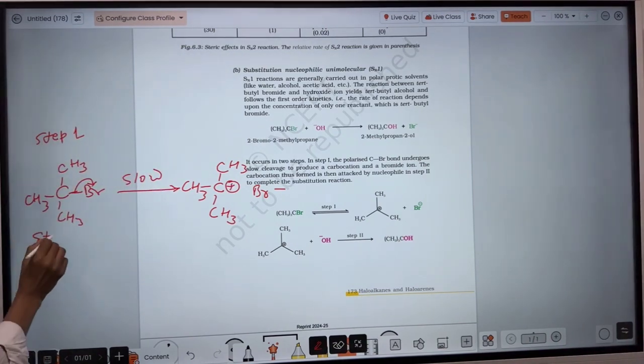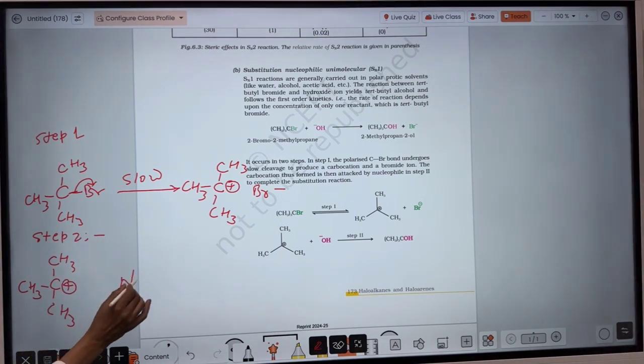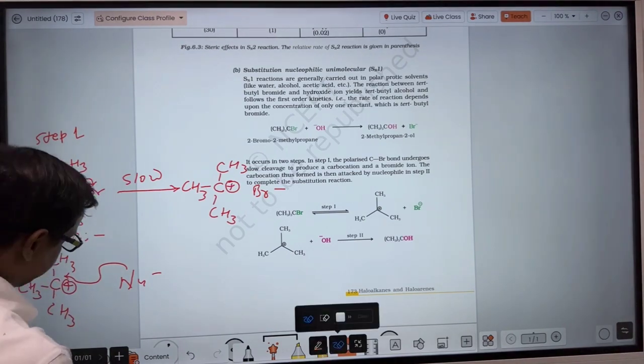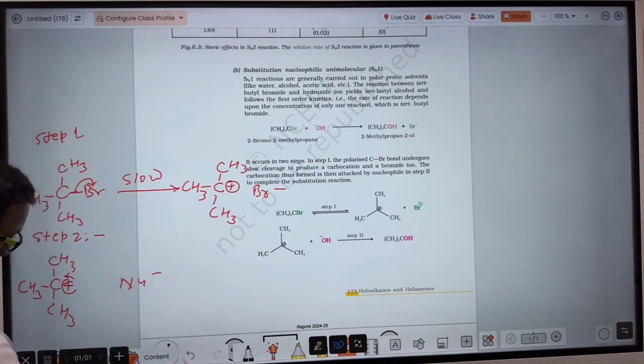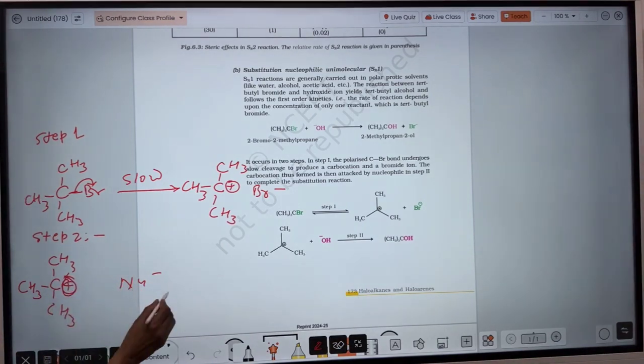What happened in step 2? This carbocation and the nucleophile which will approach toward this carbocation. The nucleophile will bond there.